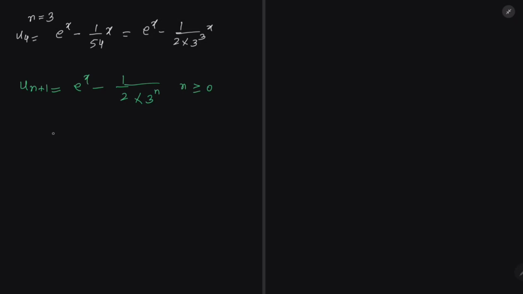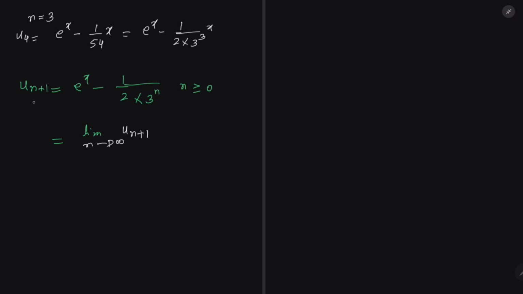So when I apply the limit, there are two options. You can make a formula using un, or un plus 1, un plus 2, whatever you prefer. Limit n approaches infinity, and we have u(n+1).